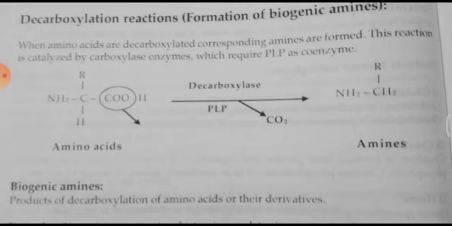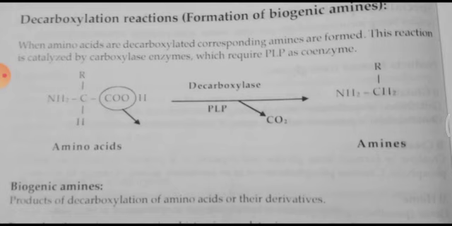It undergoes decarboxylation in the presence of the enzyme decarboxylase. Above the arrow mark, you can see the enzyme decarboxylase. And as 'de' means remove, below the arrow mark you can see removal of carbon dioxide. Hence it is called decarboxylation. Obviously the name is related to the process happening, and it takes place in the presence of PLP.